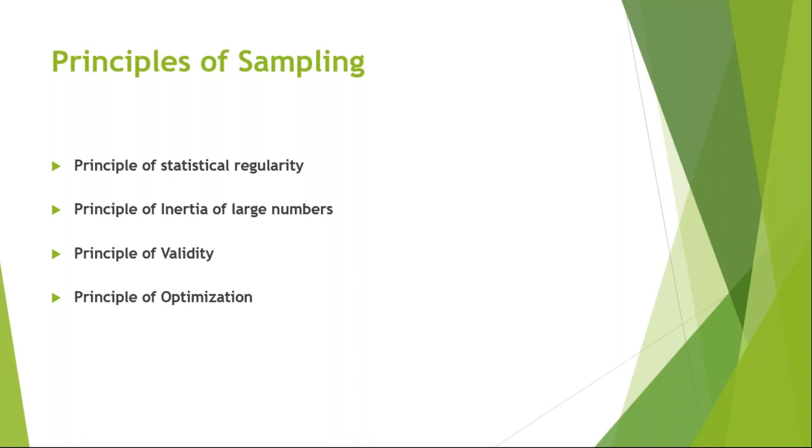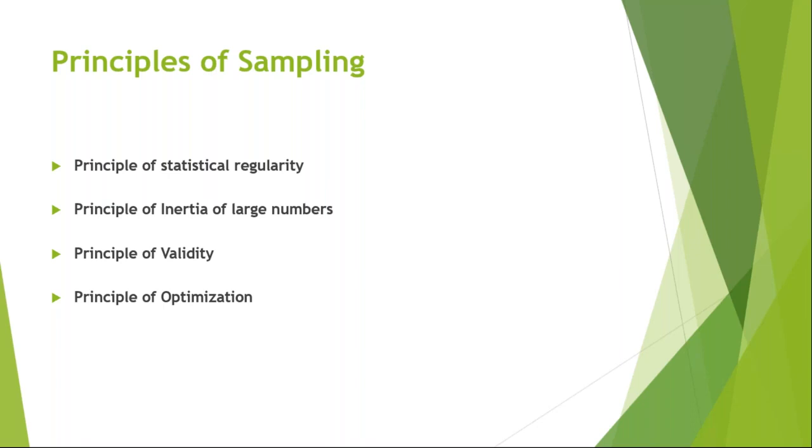So that's number one. Then number two is the principle of inertia of large numbers. Other things being equal, as the sample size increases, the result tends to be more accurate and reliable. The more the number increases, the more accurate it is. Then we have the principle of validity, meaning it can be proven.